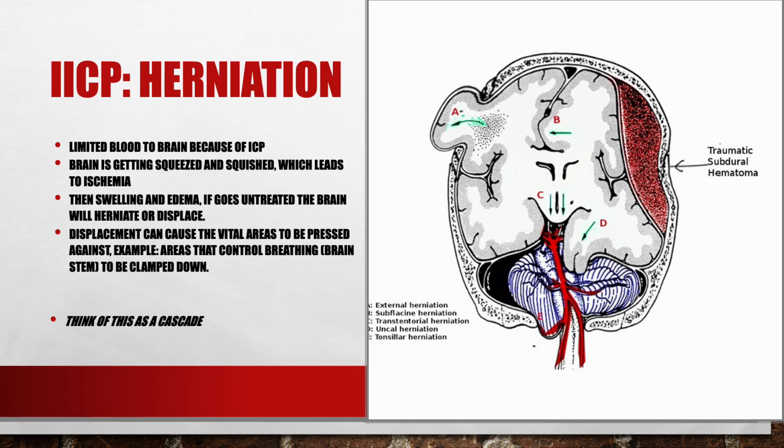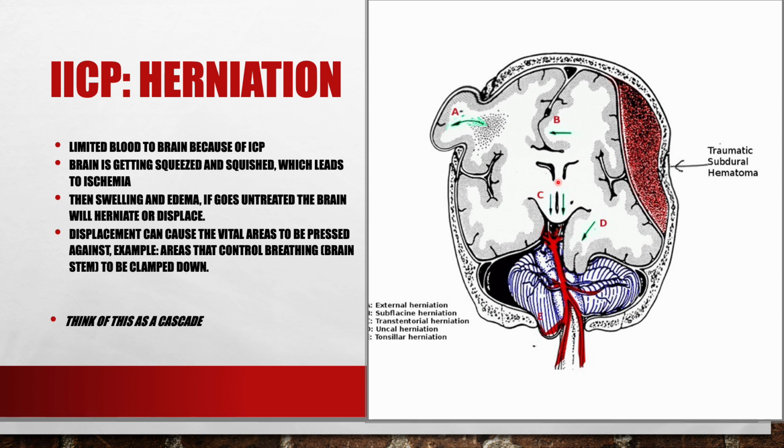Another complication of increased intracranial pressure is herniation. I know I already covered this in the ICP PowerPoint, but I really want to go over it because it's absolutely crucial. And so as you can see, it's from limited blood to the brain because of some form of increased cranial pressure. Okay, the brain is getting squeezed, it's getting squished, it's getting deprived of oxygen, so it gets ischemic.